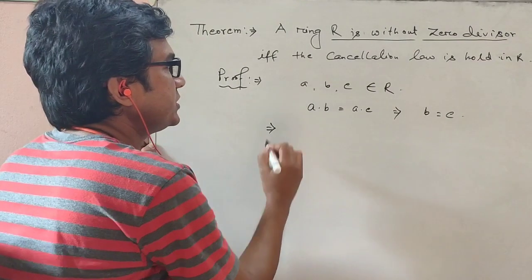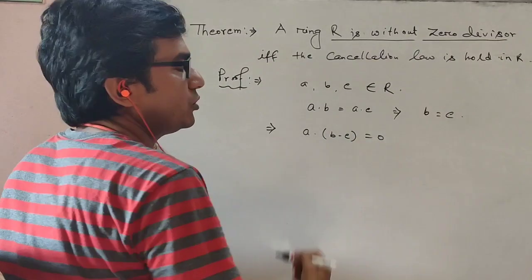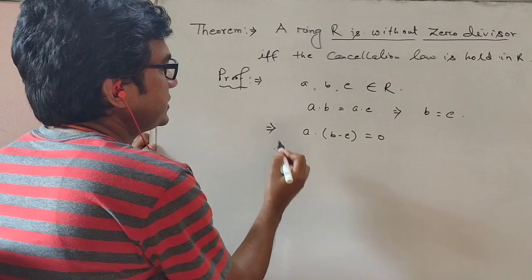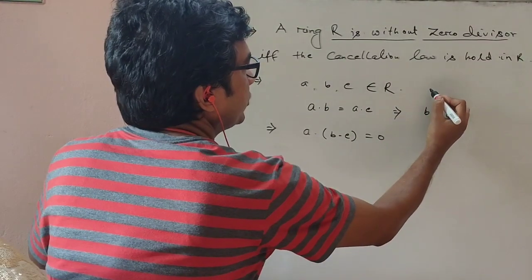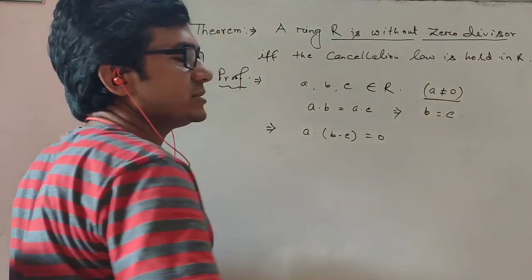Now from this relation we get A dot (B minus C) equals 0. Here we let A be a non-zero element.